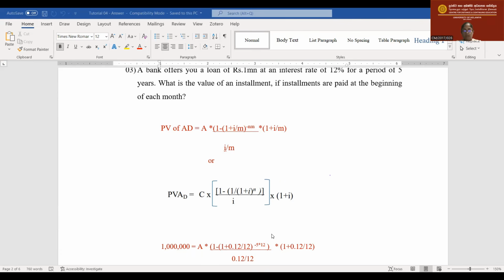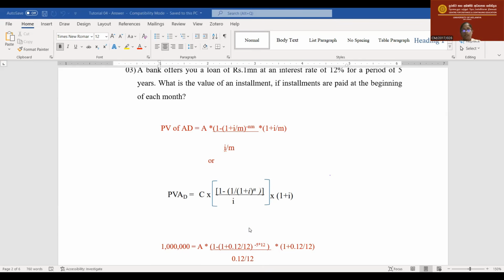Then minus n, and n is 5 years, so minus 5 multiplied by 12, that is 60 months. Divide the whole, not A, by 0.12 divided by 12.